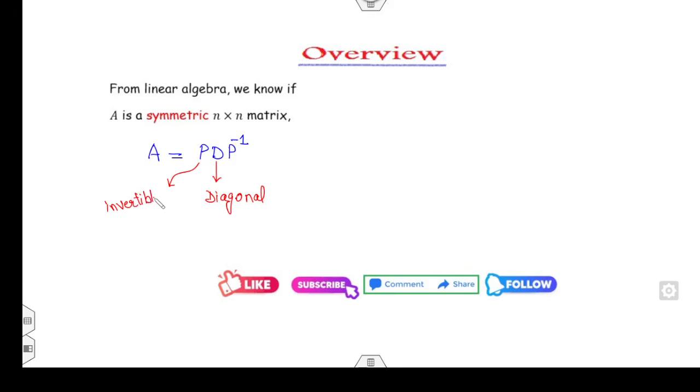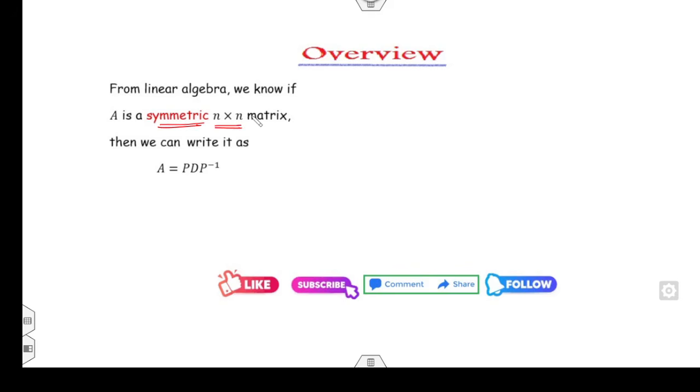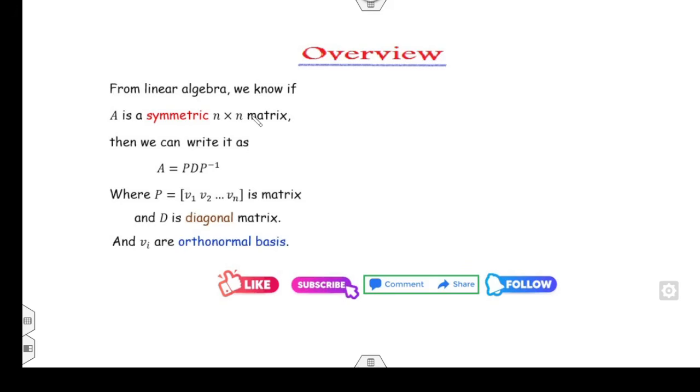But remember students, this result is applicable only for the symmetric n cross n matrix, where P is the matrix whose columns are my orthonormal basis and D is my diagonal matrix.